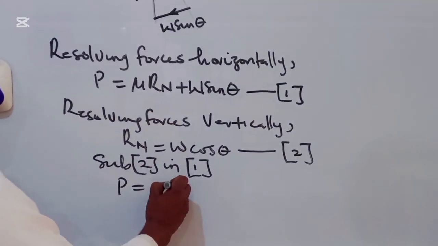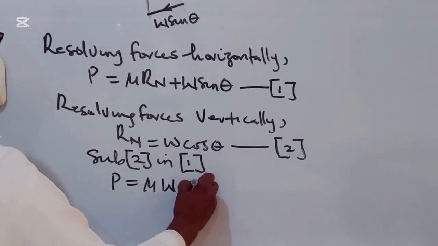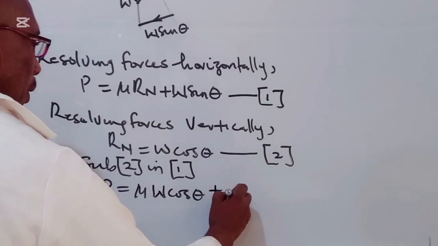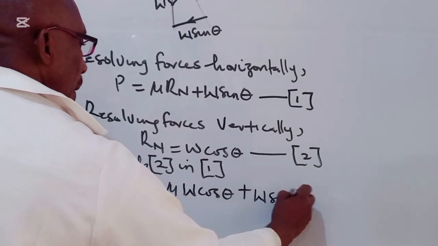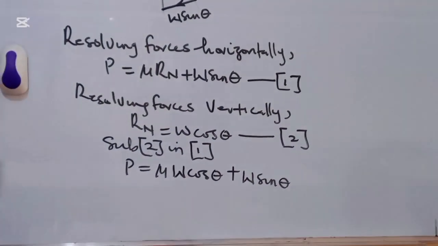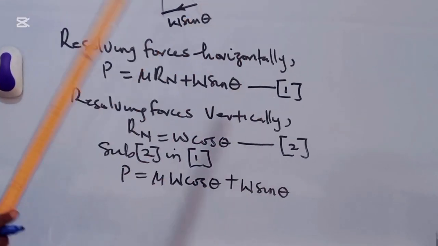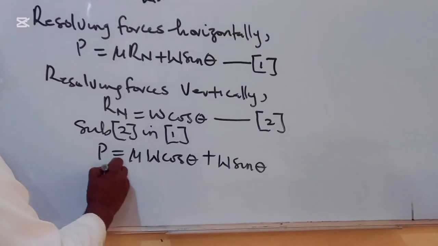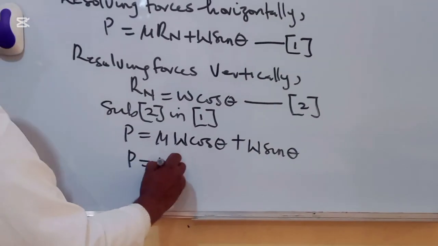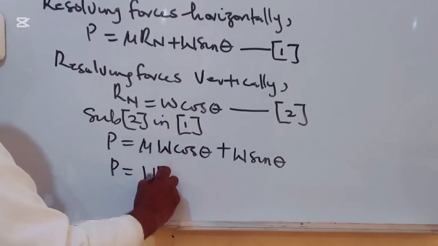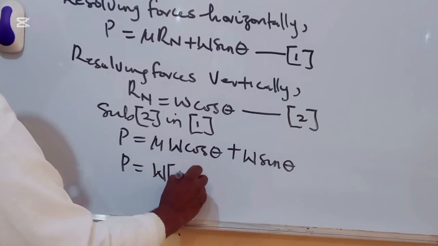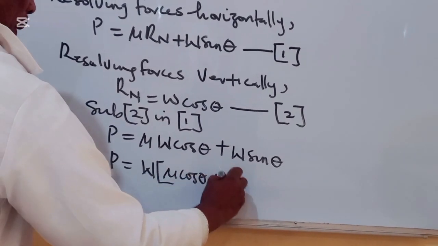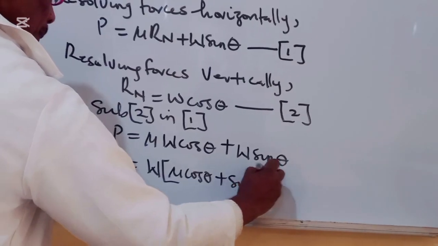Rn is equal to W cos theta, plus W sin theta. Again, W, that's the weight, is common. So I'm going to factorize that. That will give us P is equal to W into bracket mu cos theta plus sin theta.